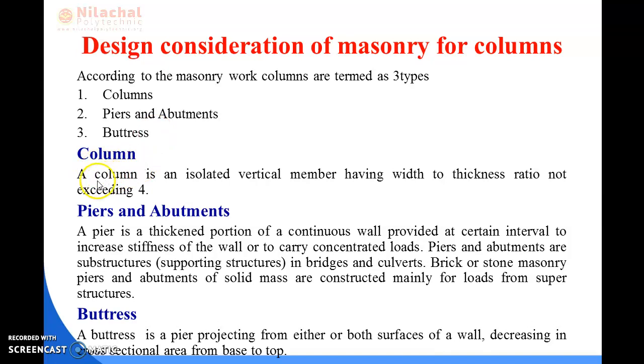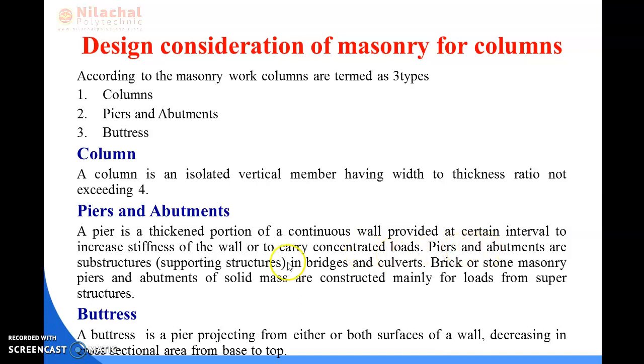First of all, column. A column is an isolated vertical member having width to thickness ratio not exceeding 4. Similarly, piers and abutments. A pier is a thickened portion of the continuous wall provided at certain intervals to increase the stiffness of the wall or to carry concentrated loads.